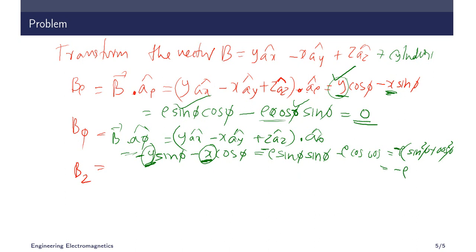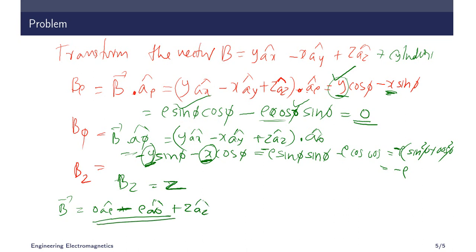And bz will remain az, bz itself, that is z. There is no need of conversion. So we got B is equal to 0 a rho cap plus minus rho a phi cap plus z az cap. So this is the final converted value. So this is how we have to do the conversion.